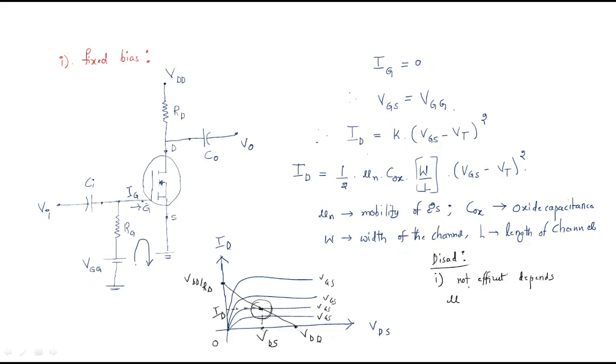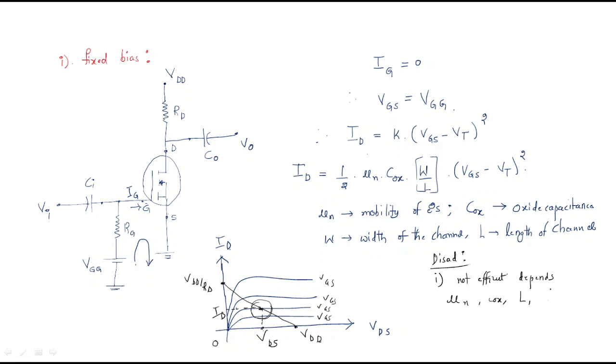Mu n has a temperature coefficient, and the drain current also depends on COX and L. These are generally varying from device to device.